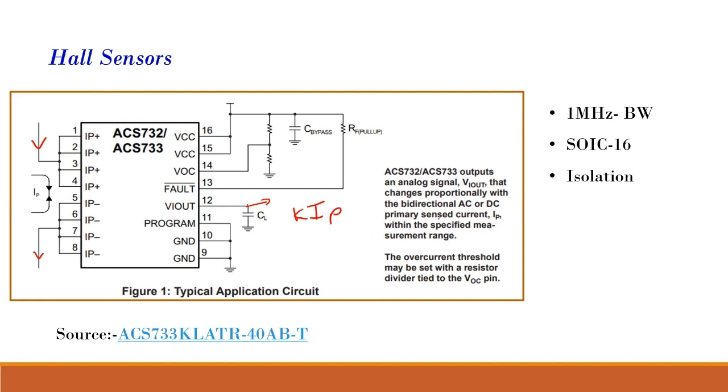One advantage of this circuit is it has high bandwidth and it is isolated. Isolation is very important in our circuits. The power signal should be isolated from my control signal.